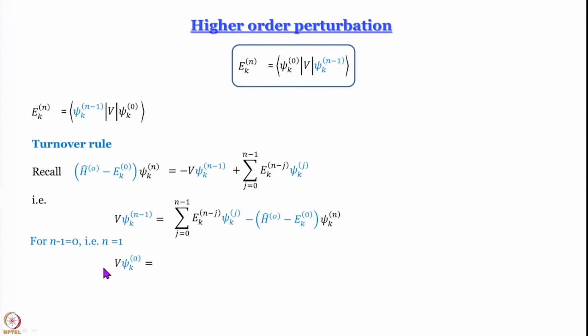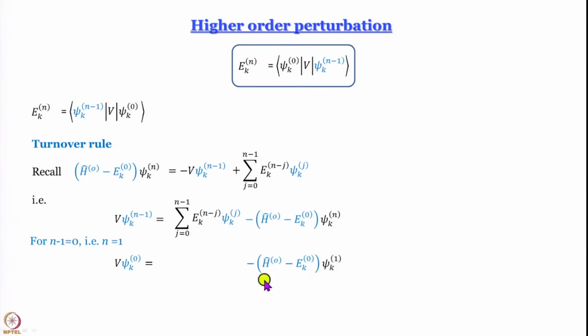When I put n equal to 1, the good thing is that we do not have to worry about the summation anymore, is it not? The summation is from j equal to 0 to n minus 1, and n minus 1 equals 0. So, we are basically summing a 0 term, let us not worry about that. We are left with only this term, and here also instead of n we write 1. So, I get minus the unperturbed Hamiltonian minus the unperturbed energy of k, this operator operating on the first order correction to the wave function.